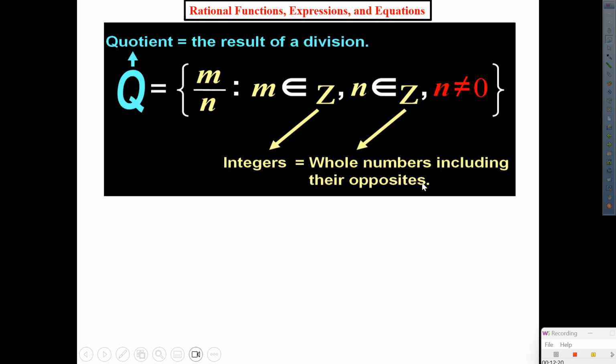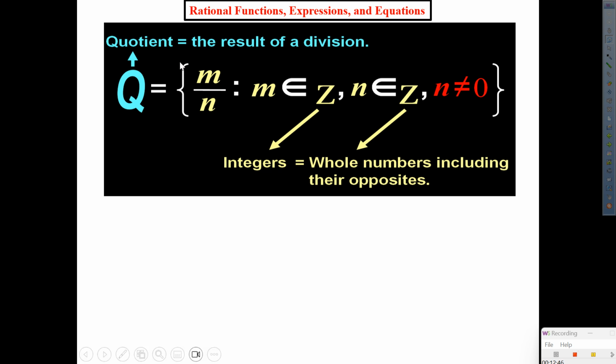Steps. Well, actually, definition. Look up. Don't copy this. Let me read it to you. It says, Q stands for Quintanilla, yes. But in this case, I'm going to use it as a quotient, which means a solution to a division. And what are fractions? It's division, isn't it? Numerator divided by a denominator.